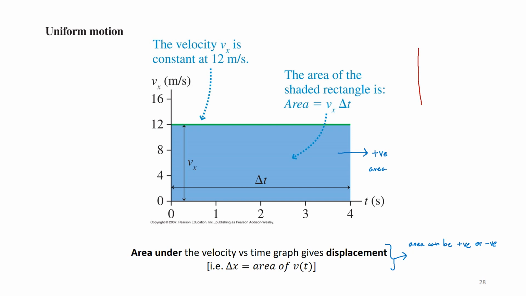And then let's try another graph, to give an example of a negative area. Suppose we have a graph with velocity on the y-axis and time on the x-axis, and the velocity time graph goes like maybe this. So it encloses an area under the time axis.